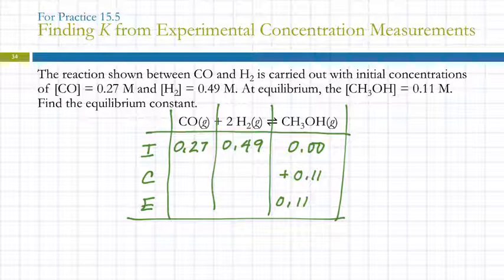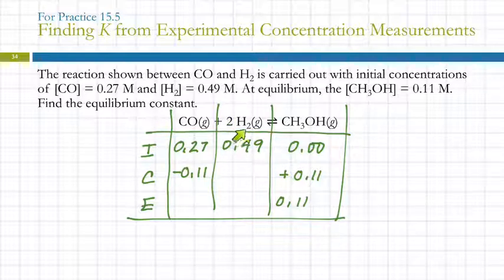So now we need to look and see, well, how do these other things change when this changes? So what's the mole ratio between carbon monoxide and the methanol? It's 1:1, right? So if I lose 1 mole of CO, I gain 1 mole of that. I gained 0.11 moles, and so that tells me I lost 0.11 mole of the CO. You see how I did that?